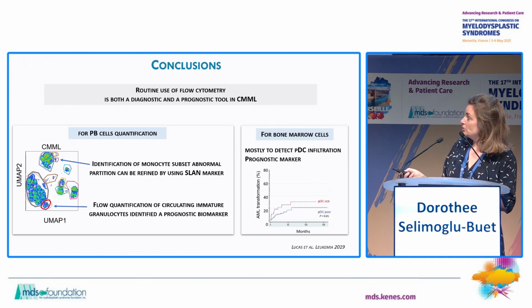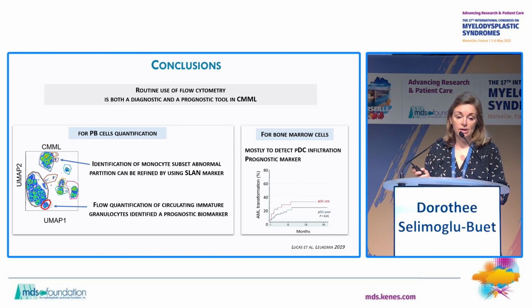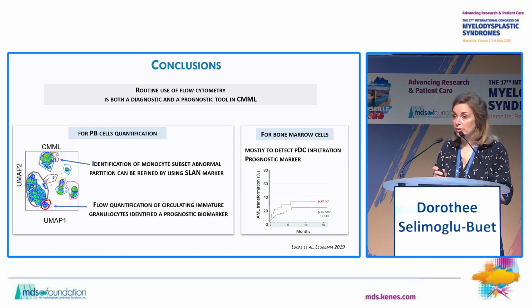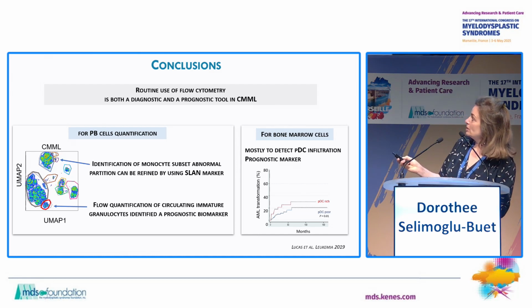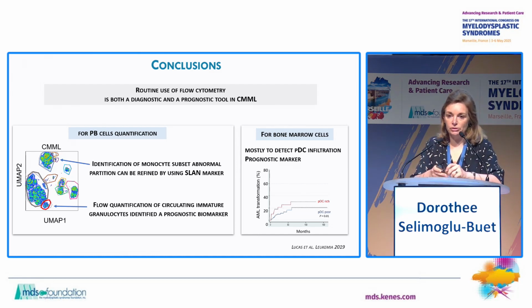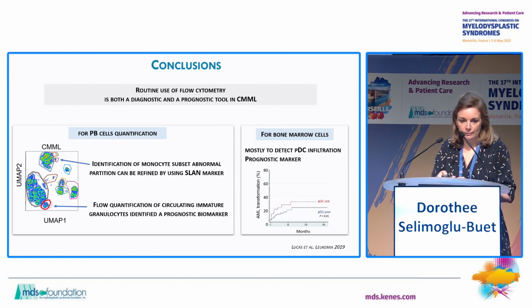The flow quantification of circulating immature granulocytes identified a prognostic marker. And I would like also to highlight that it is interesting to also analyze by flow cytometry the bone marrow cells. It's not the best tool for the monocyte subset quantification, but it can detect other cells, like, for example, the plasmacytoid dendritic cell infiltration, which was demonstrated as a poor prognostic marker in CMML.